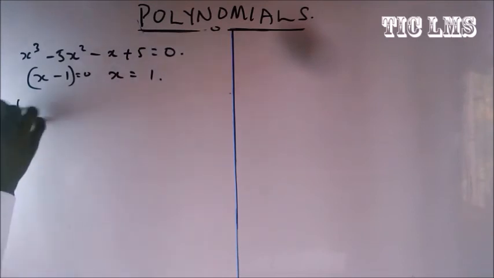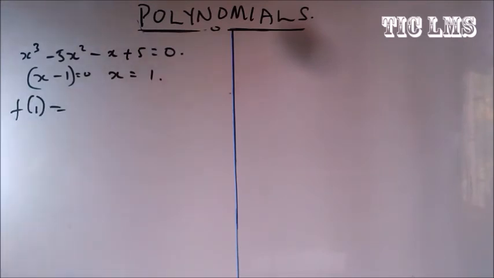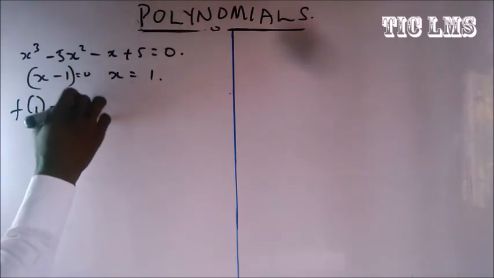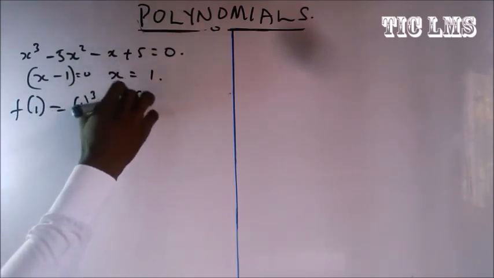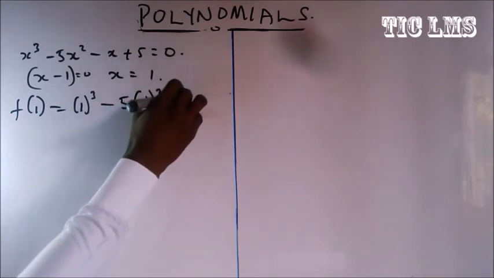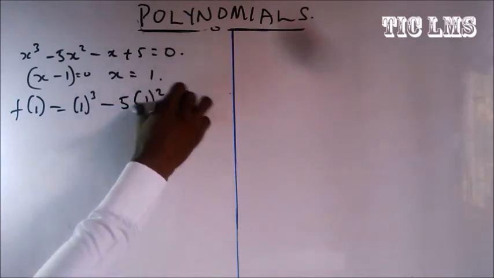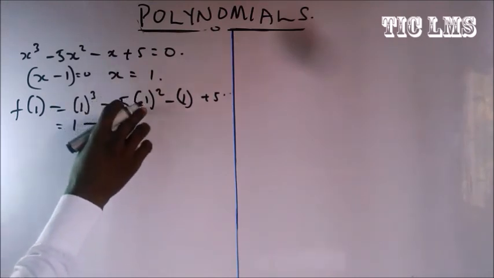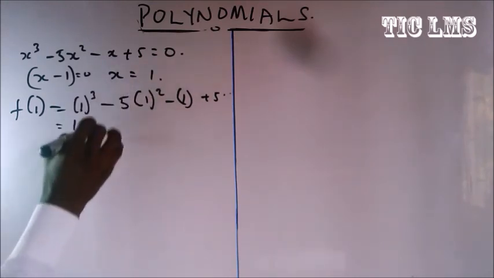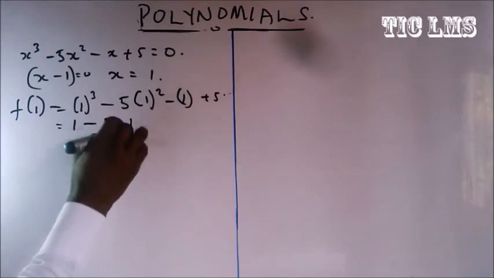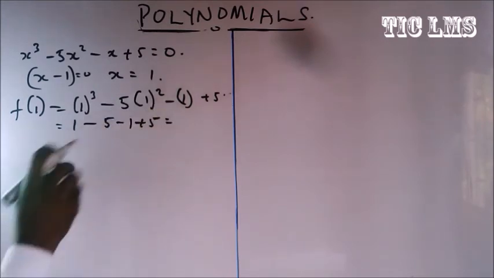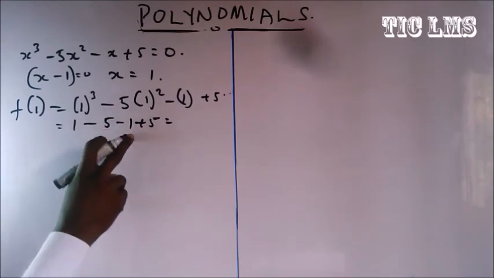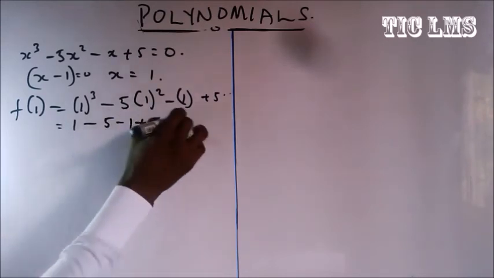Now suggesting this, we'll have that x minus 1 equal to 0, so x equal to 1. Now we will have that f of 1, we will substitute 1 for x in this equation, and so we have 1 raised to the power 3 minus 5 into bracket 1 squared minus 1 plus 5. And so we have 1 minus 5 times 1 is 5, and then minus 1 plus 5. 1 minus 5 gives minus 4, minus 4 minus 1 is minus 5, minus 5 plus 5 is 0.